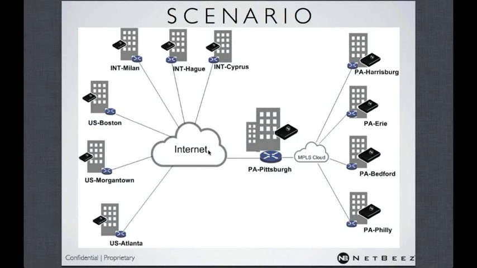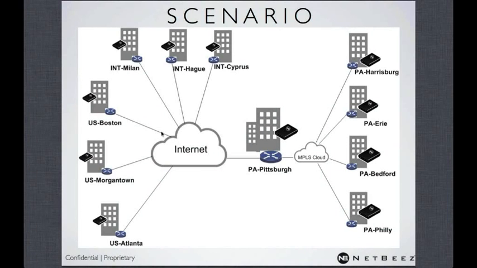Here is the case of a multi-site enterprise network, where the headquarters is in Pittsburgh, Pennsylvania, and connected to the headquarters via an MPLS cloud, there are 4 locations in Pennsylvania that have a dedicated and private MPLS circuit.